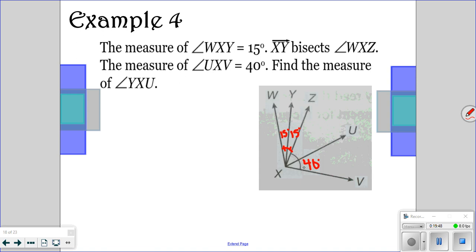That means that these two angles are bisected, and so this angle has to be 40 degrees, just like this one. So that's the first thing you want to do, is figure out your angles. And then it says find the measure of YXU. Well, what are the two angles that are in that? 15 and 40. So 15 plus 40 would be 55 degrees. Okay?